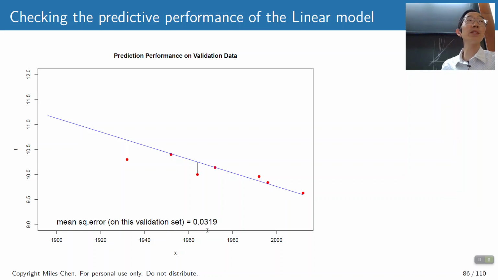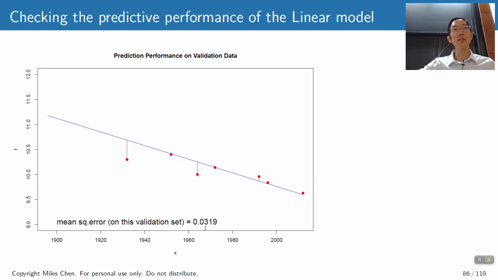For a different validation set, we're going to have a different mean squared error, and we're going to have a total of 4 of these. Some of the dots got predicted by the line really well. Some had a bit more error.